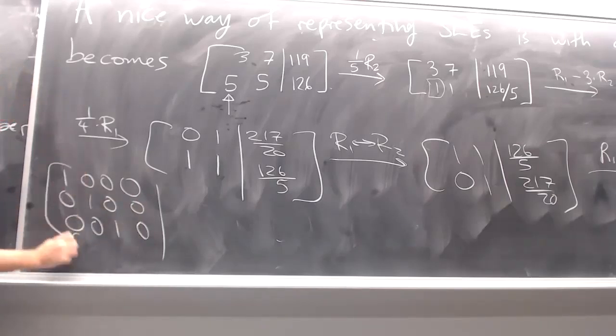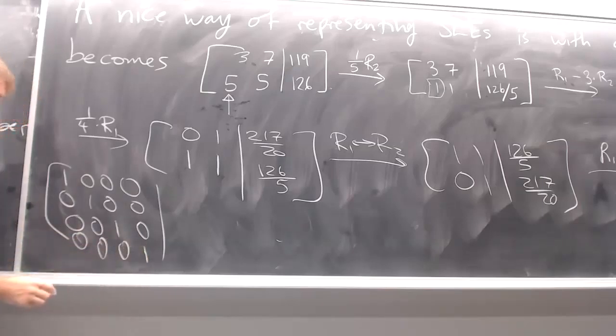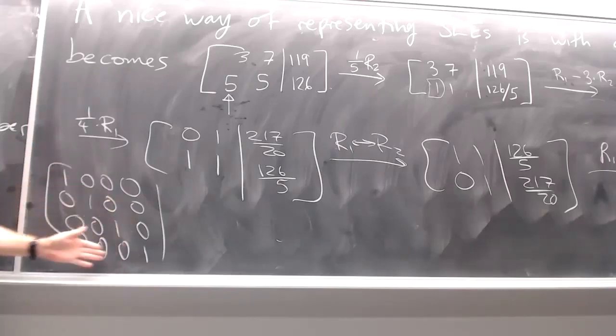Somehow if these were all mixed around, you might not be able to see what the answer is. This is just how people want to. Typically you want to reduce it until it looks very simple. But there's no deep reason that you have to do it like that.